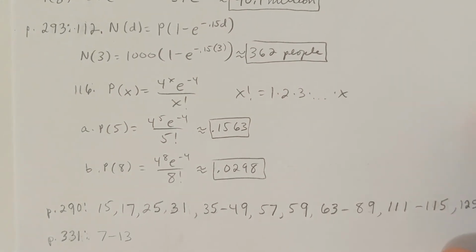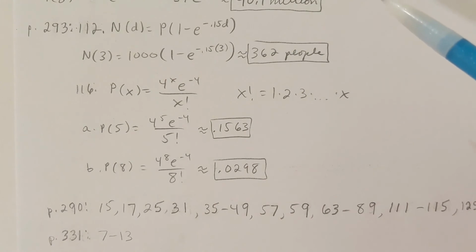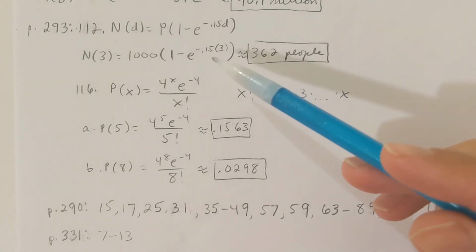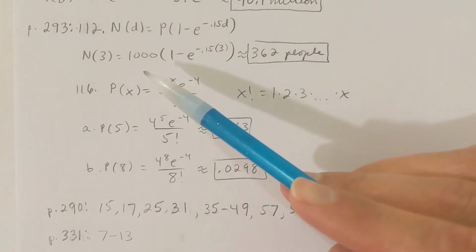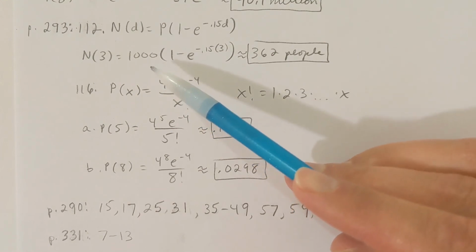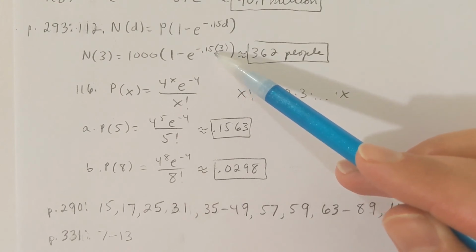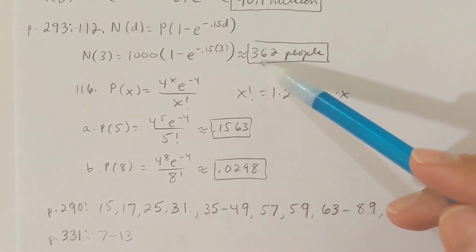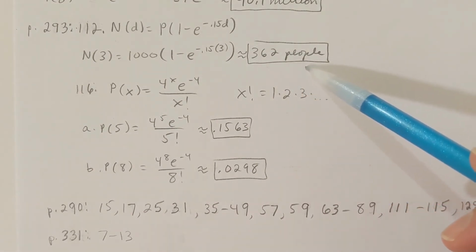So n is a function of d. n of 3 gives me 1,000 times 1 minus e to the power negative 0.15 times 3, which gives me approximately 362 people have heard the rumor.